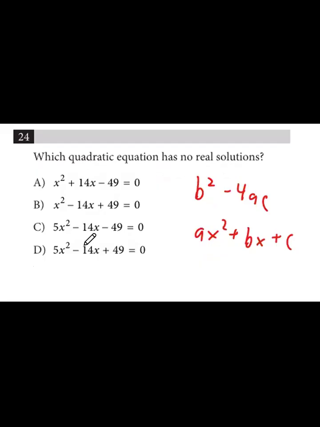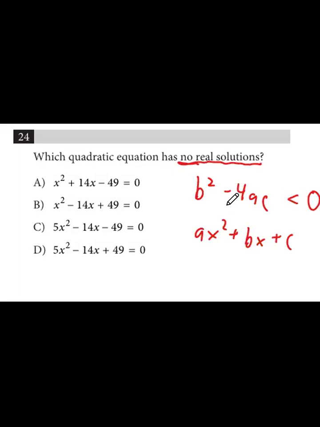For all of these, b squared would be 14 times 14, or negative 14 times negative 14, which would just be the same thing. And then minus 4ac. So for there to be no real solutions, this has to be less than 0.